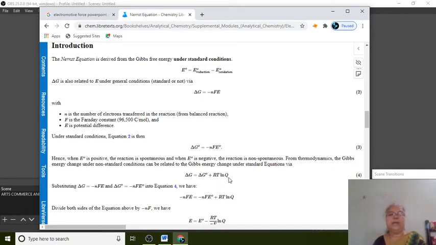Remember that this Q is just similar to the equilibrium constant, but the activities are not those reached at the equilibrium condition. That means certain arbitrary values.